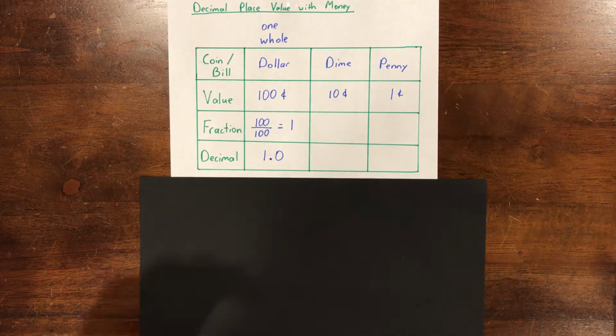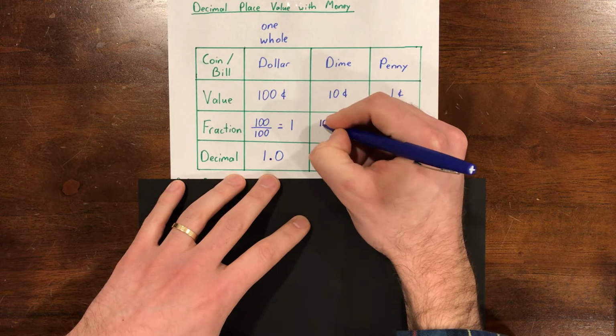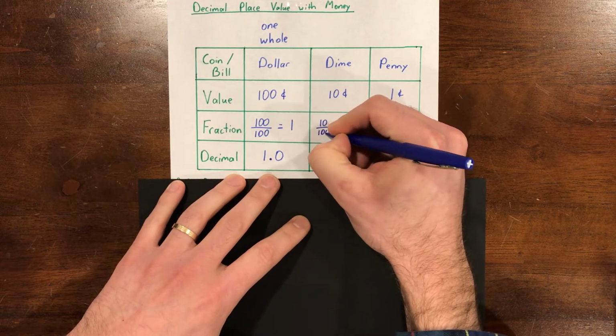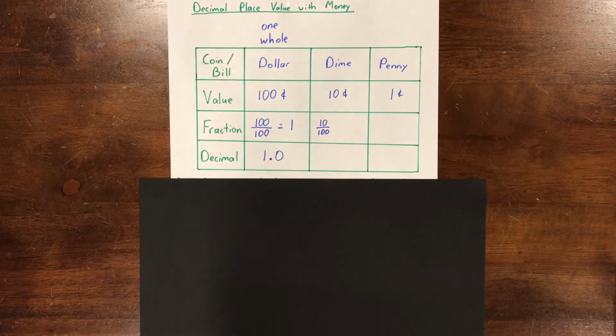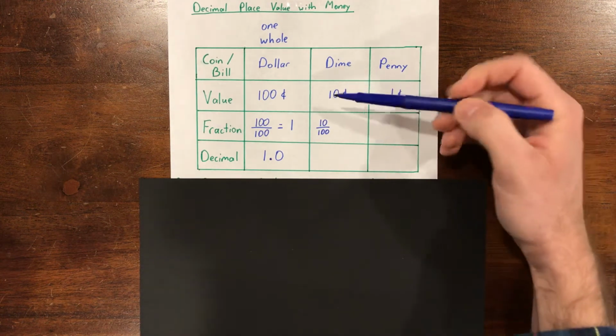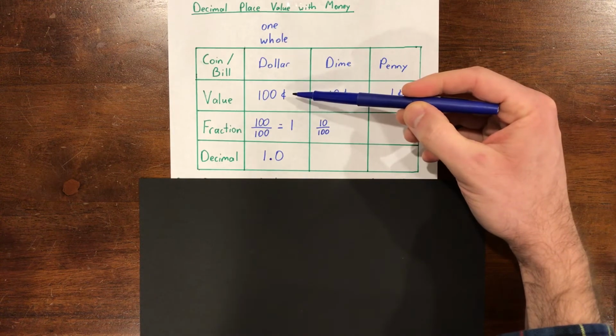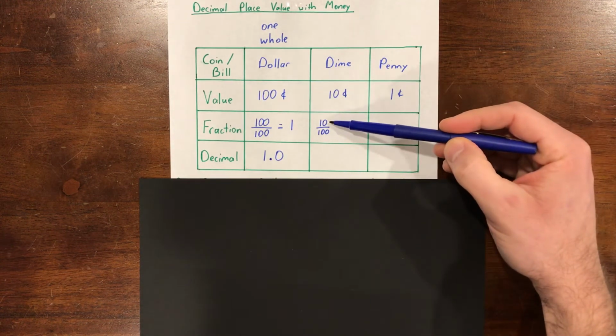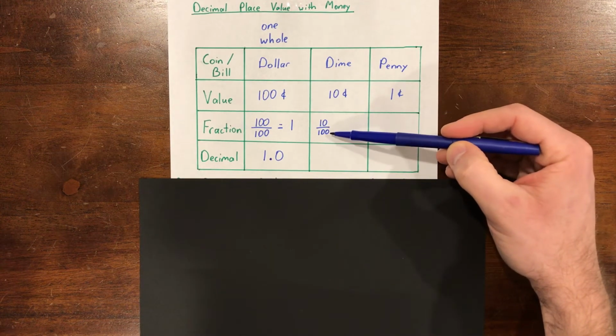Yep, we could think about it as 10 over 100, right? We know that a dime is 10 cents and the whole dollar is 100 cents. So if we have 10 out of 100, 10 100ths, right?